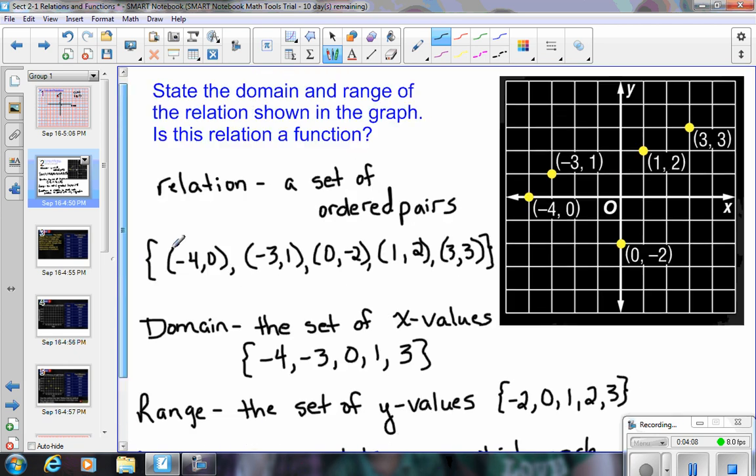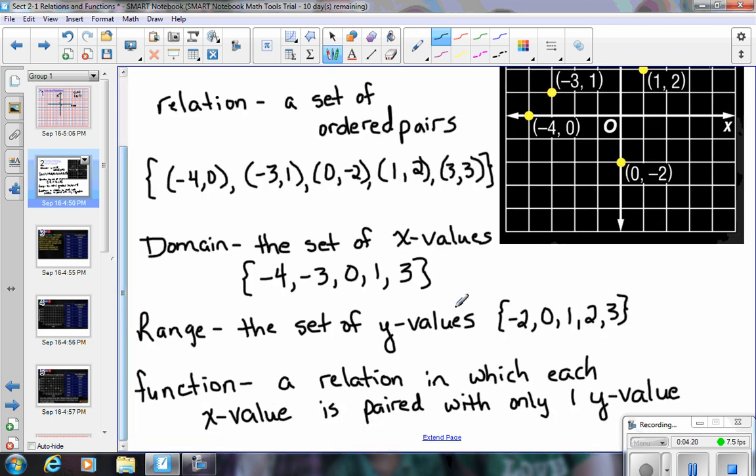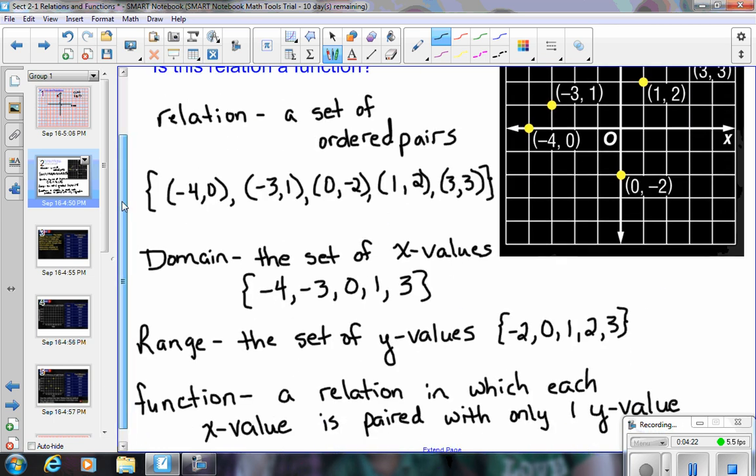So when we check this, we have to make sure that the x values don't repeat. And here, since none of our x values repeat, they're not paired with an additional y value, that means this is a function. So the answer to this one is yes, it is a function.